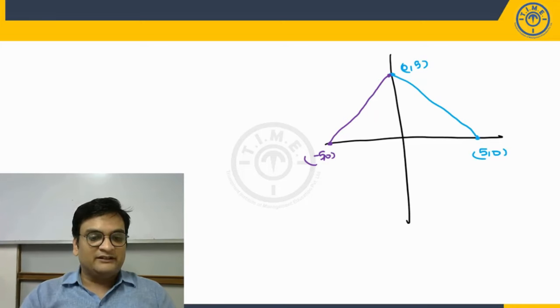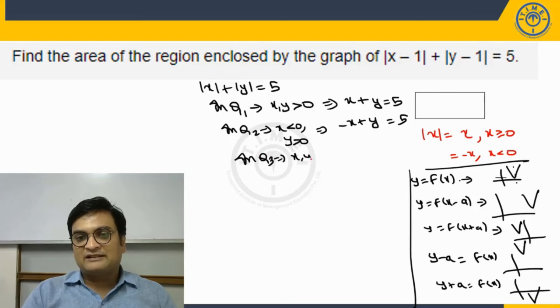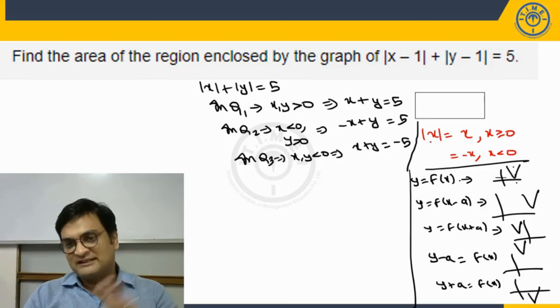Now in the third quadrant, both x and y are negative. So then mod x will become minus x, mod y will become minus y. So with both minus common, I can write it as x plus y equal to minus 5. So minus can go on the other side.